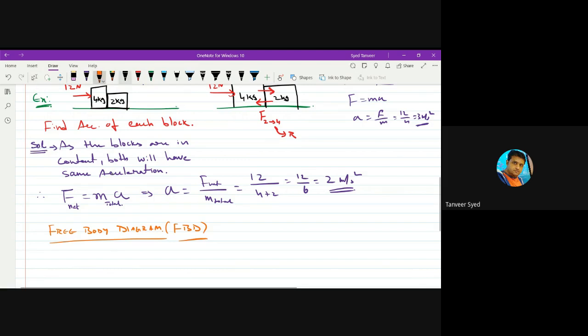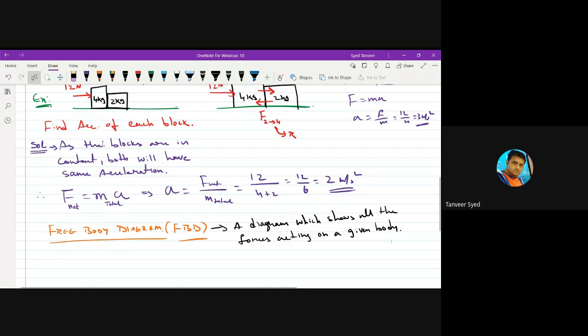Simply, it is a figure or a diagram which shows all the forces acting on a given body. That's all. Free body diagram is a diagram which shows all the forces acting on a given body.